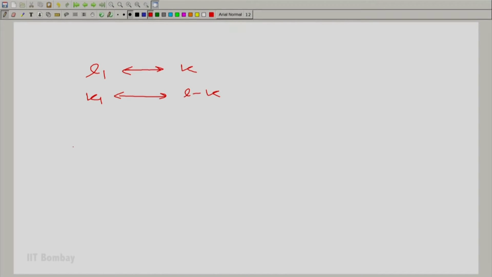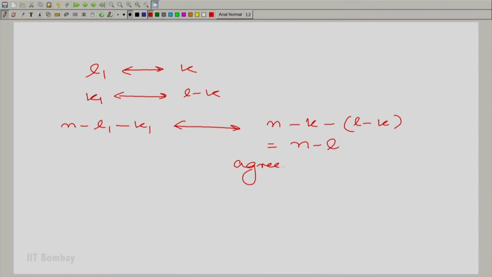So, of course, n minus L1 minus k1 would correspond then to n minus k minus (L minus k), which is n minus L, and this agrees with the left hand side expression. Moreover, k and L both independently go from minus to plus infinity. Take k first.